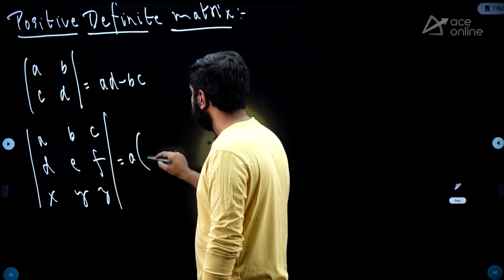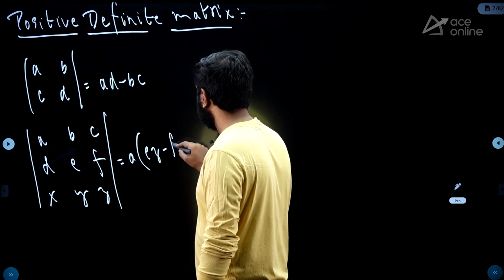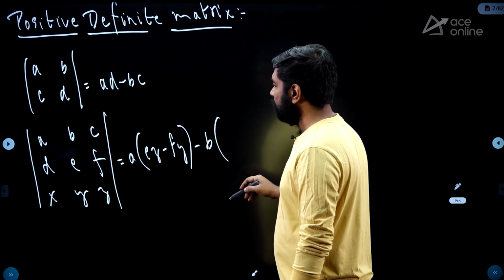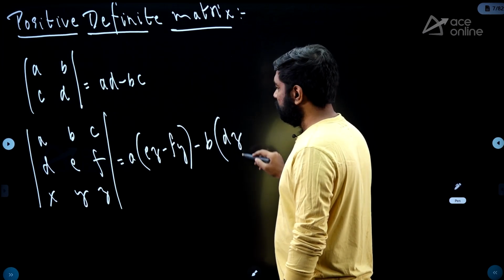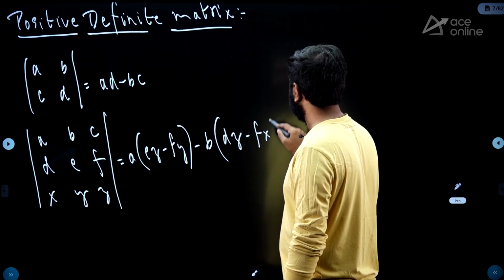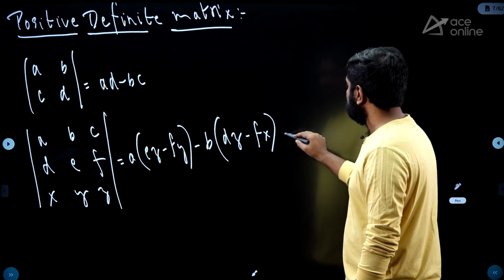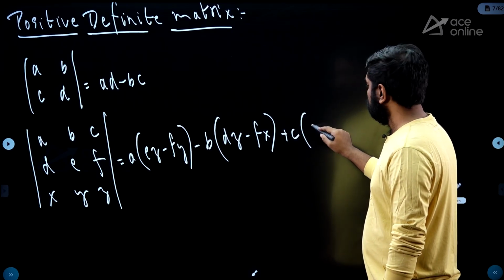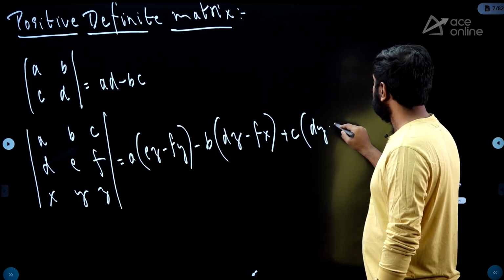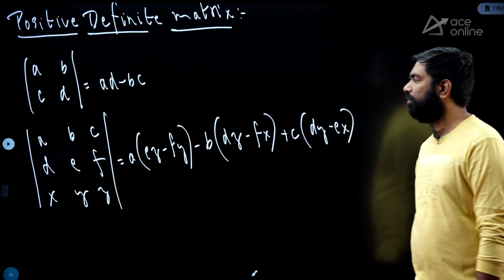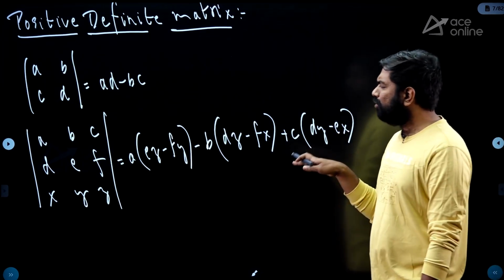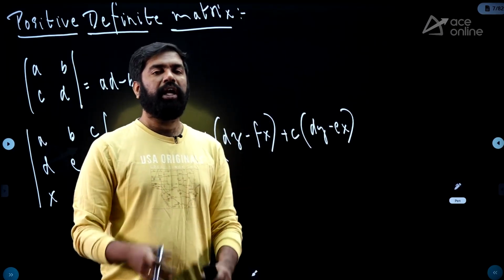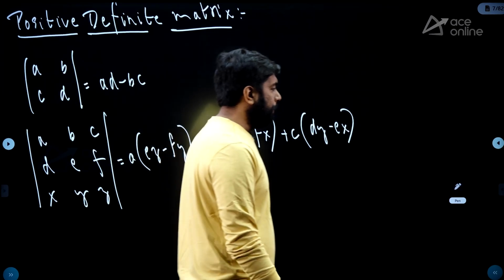This is A into (Ez minus Fy), then minus B into (dz minus Fx), and then plus C into (dy minus Ex). This is how you find the determinant. Some values would be given. Can you find this in a matter of 20-30 seconds? You should train yourself to do that. Okay, so please remember.